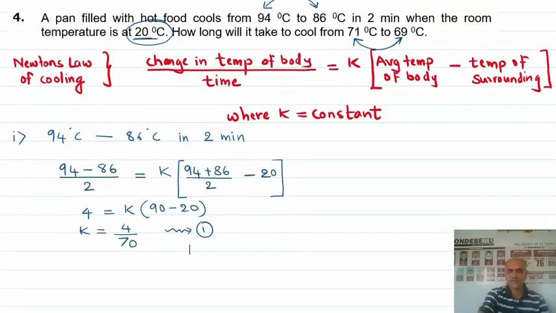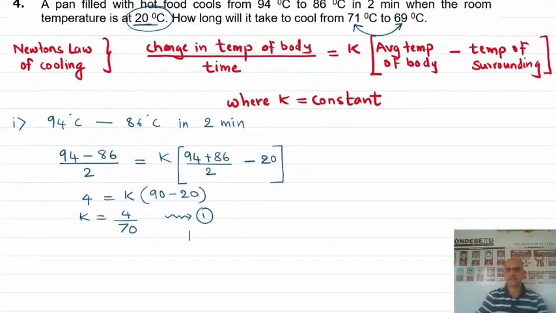Similarly, apply the same formula to the second case. Second, the temperature will decrease from 71 to 69 in what time, meaning you are required to find time t.